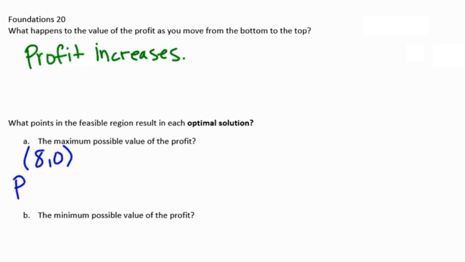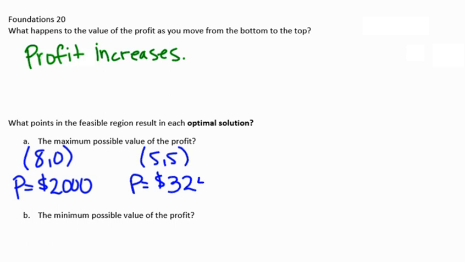Eight and 0, our profit was 2,000, and our 5 and 5, our profit was 3,250. So always check. Let's leave ourselves a note.